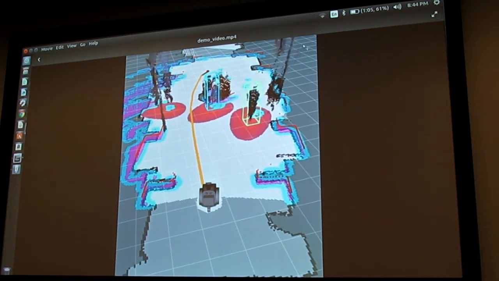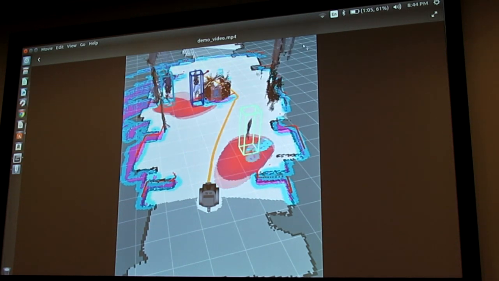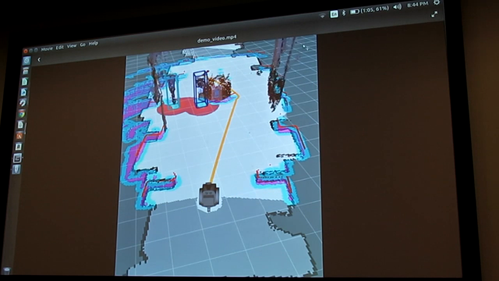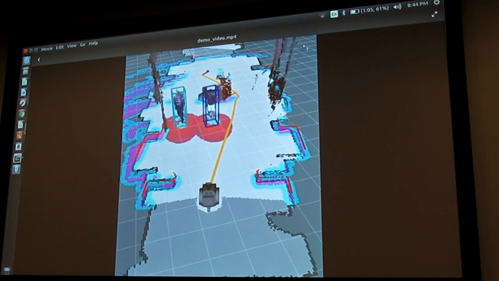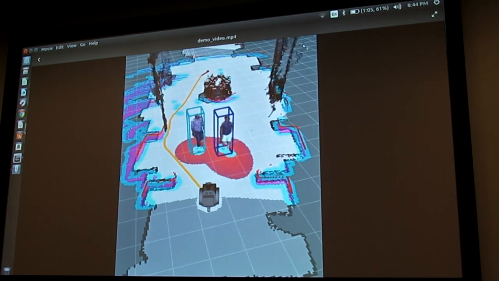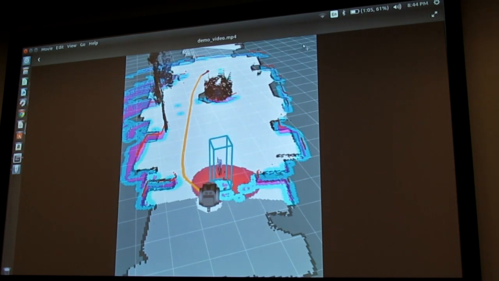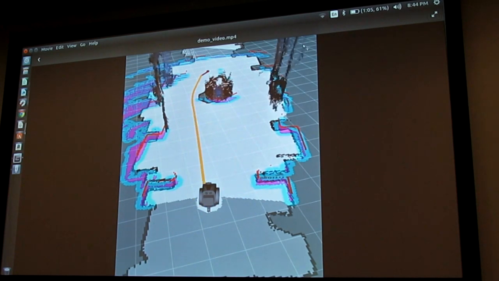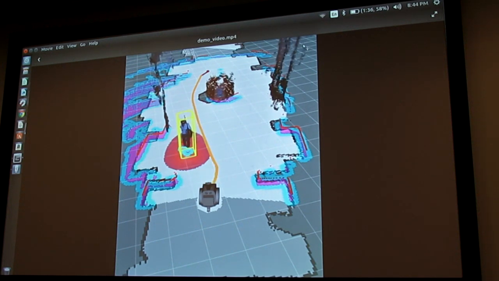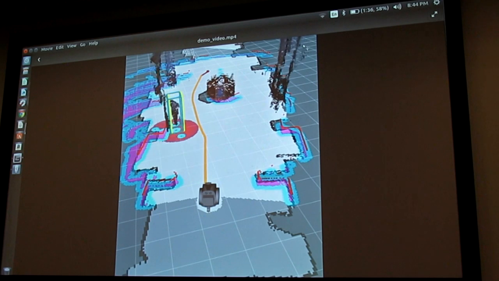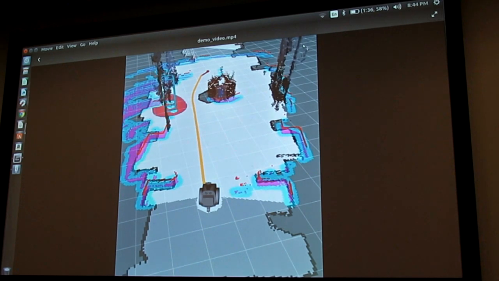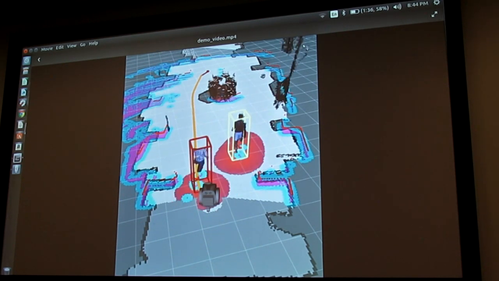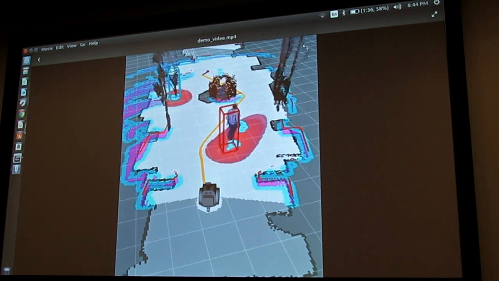This is static, and then it's planning routes. I'm not sure if this is simulation. No, this is real data. This is a bag file. Is that the same room? It's the same room. Is that using the depth camera and the LiDAR? Yeah, so what the bag file is presenting in Arvis is doing multiple things.